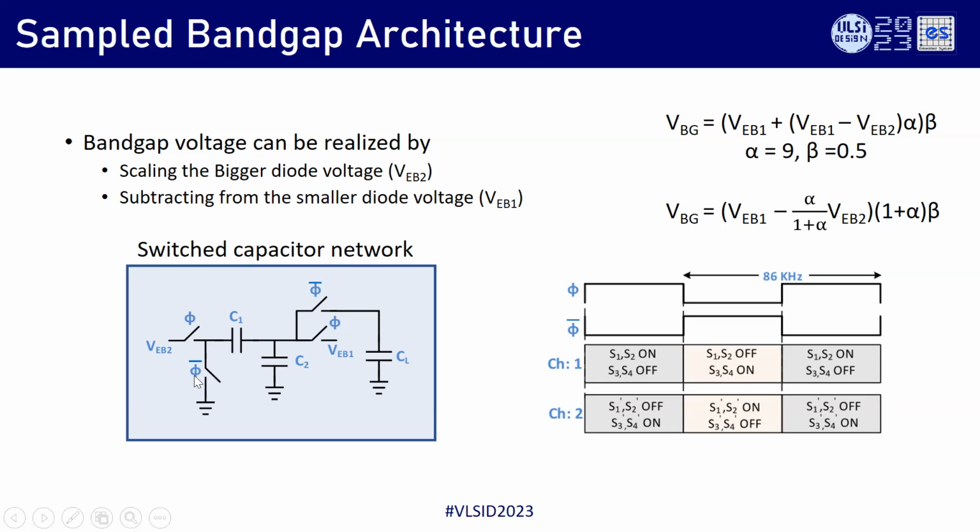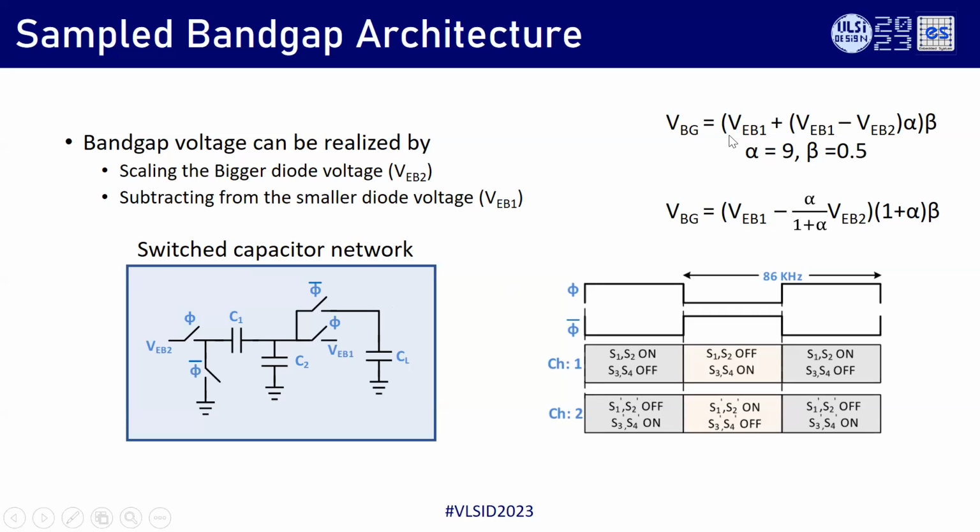In the next phase, we turn off this charging phase and ground this capacitor's left node and connect this to the CL. So if we apply charge conservation here, the total charge on the output capacitor is VBE1 minus C1 by C1 plus C2 into VBE2 times 1.